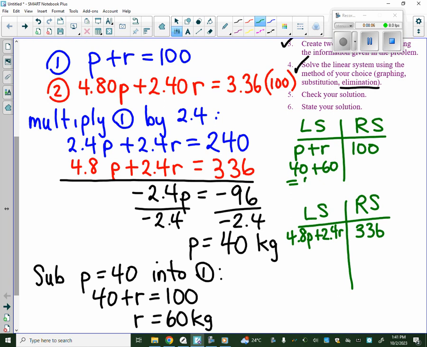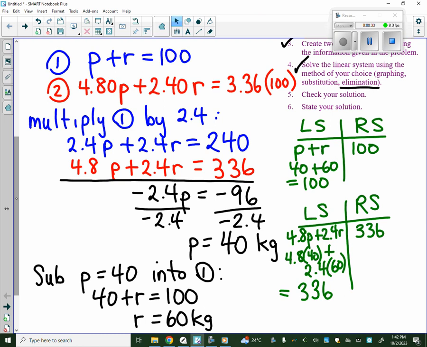We're not surprised, it worked fine for the first equation. Let's see if it works okay for the second equation. So 4.8 times 40 plus, bad planning, Mr. Van Horn, 2.4 times 60. When we run that through our calculator, we get some very good news. All that does work out to 336. Yay! That means we must have the correct values for P and for R.